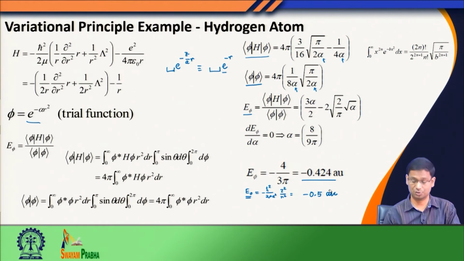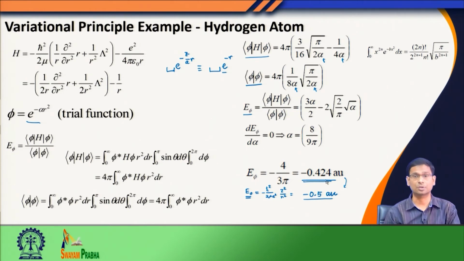So, the trial function has brought my energy as close as it could, and you can see the correlation between the two is not extremely satisfying, but not bad either. So, what we see is that even when we have a functional form of the wave function not so correct, we still can get a good approximation, an estimate of the ground state energy by using variational principle.